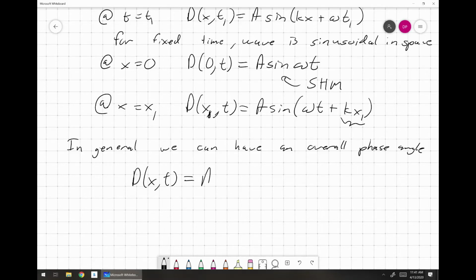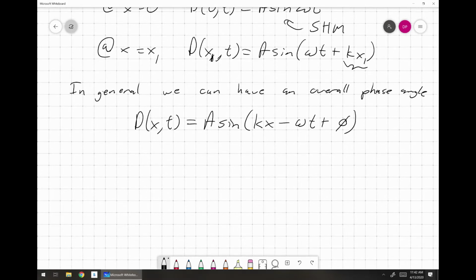So our particle displacement as a function of position and time can be kx minus omega t plus some constant phi, some phase angle phi. And again, like I said, it serves the same purpose that it did in simple harmonic motion, and that was to account for the motion given the initial conditions.